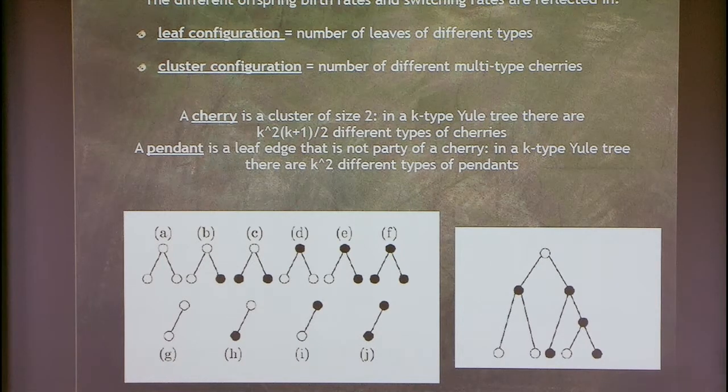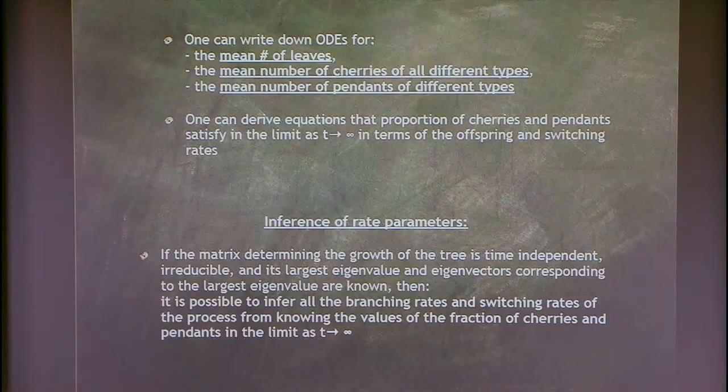You can write a simple set of equations for the mean number of leaves overall, since you're in continuous time. You need to retain the mean number of cherries of the different types and the mean number of pendants of different types. You can write this set of equations, and what I wanted to look at is, can you now infer back what the rates are if you know these amounts?